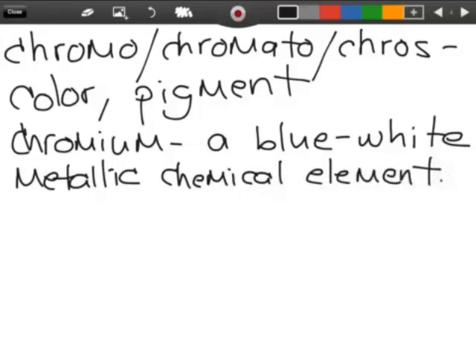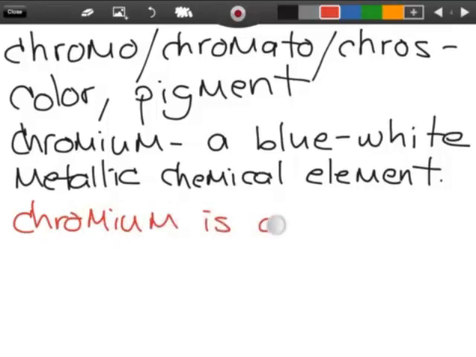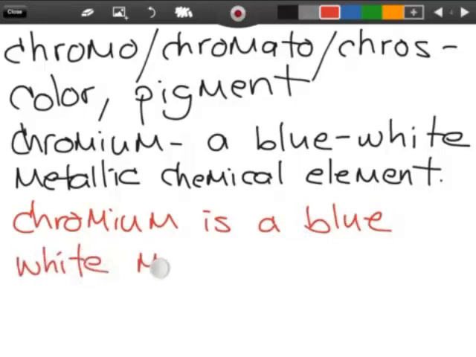And I'm going to go ahead and use this in a sentence. I'm going to say chromium is a blue, white, metallic element.